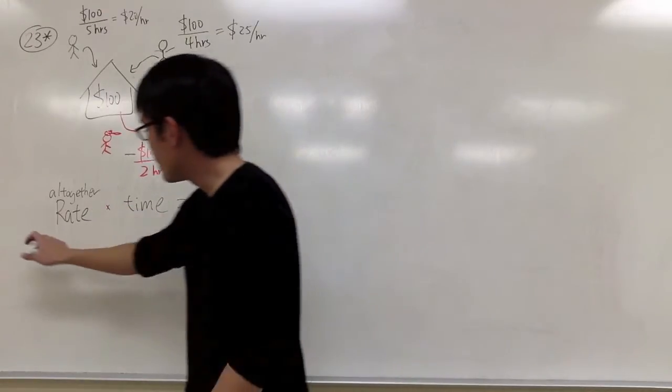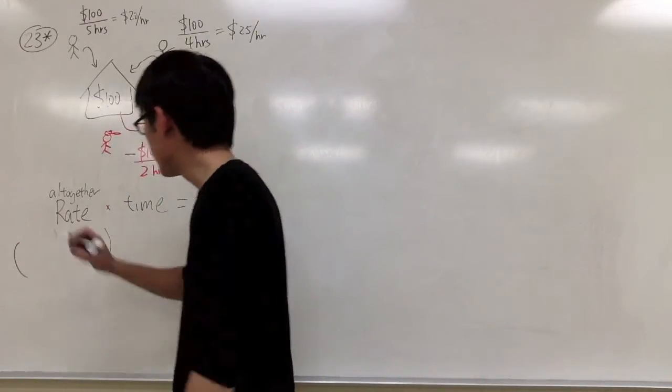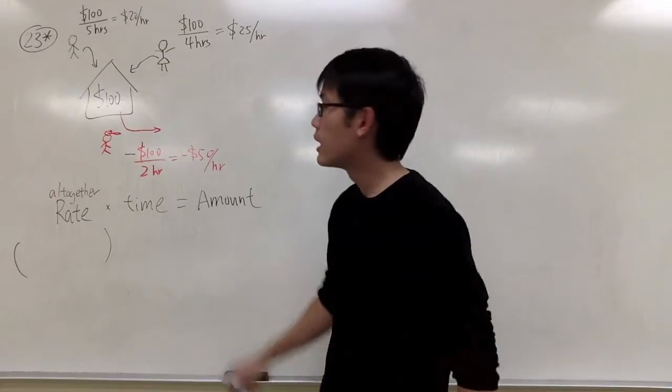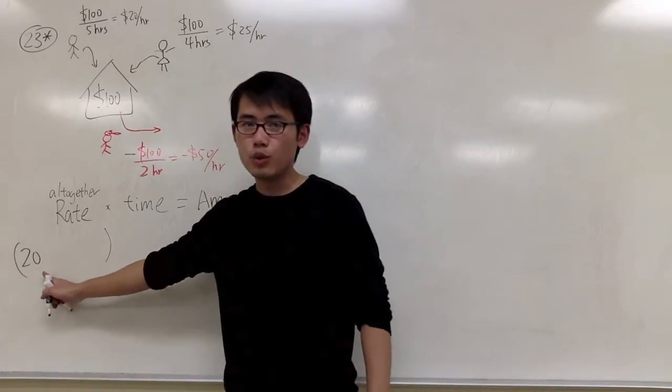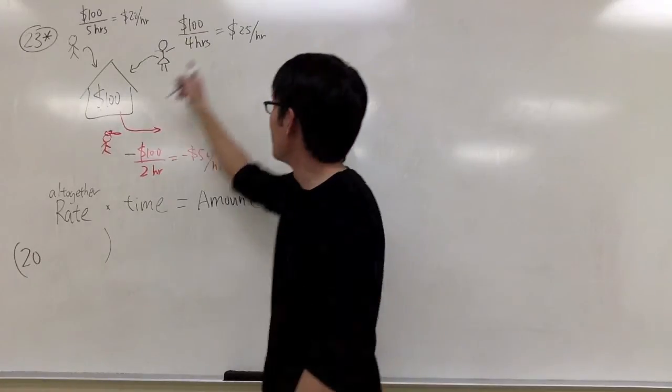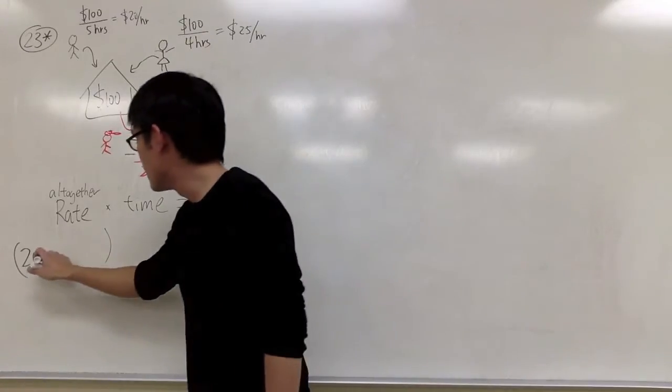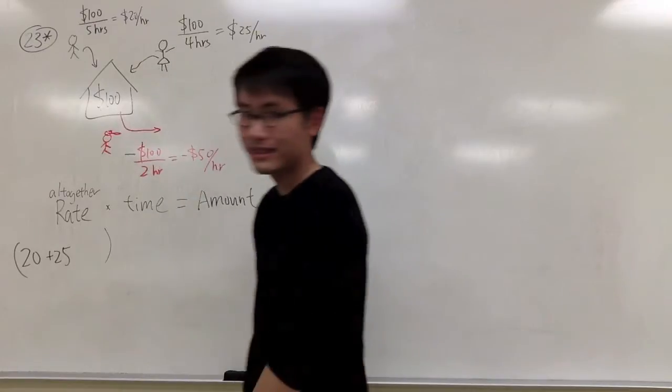If we consider all these 3 people's rates together in 1 hour, the dad contributes positive $20. Mom contributes positive $25.